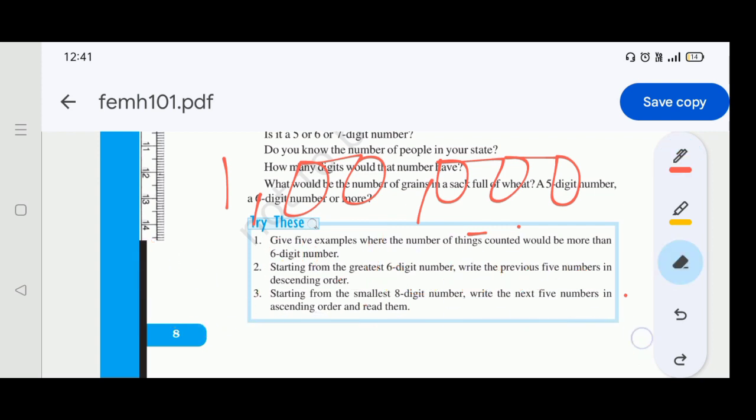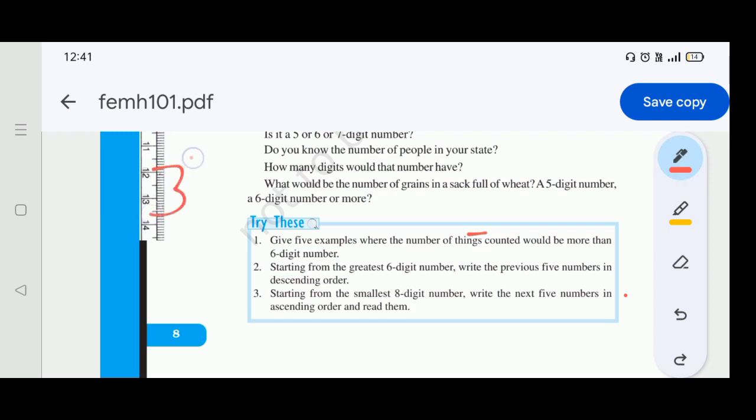And the third one could be the data about births or birth rates.